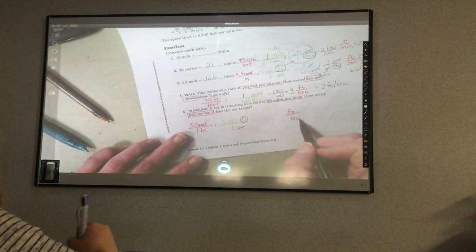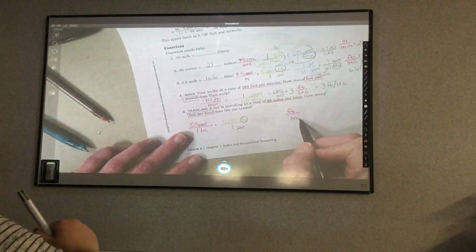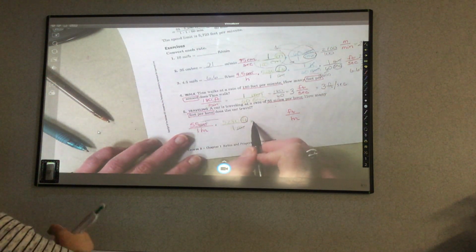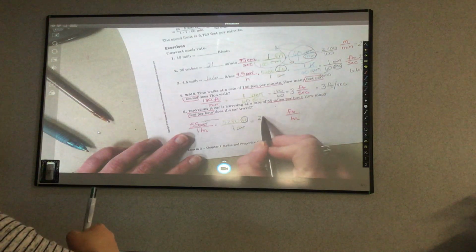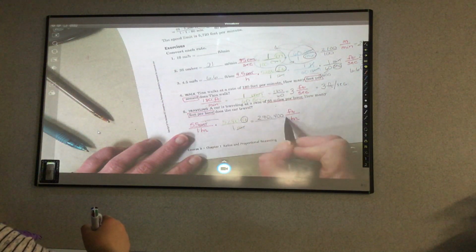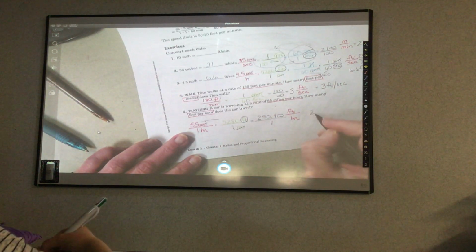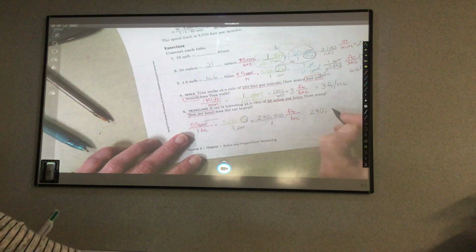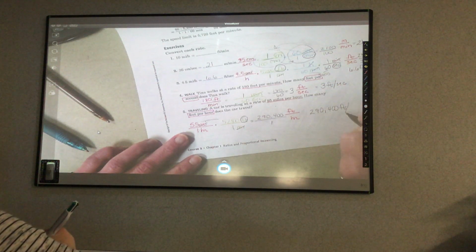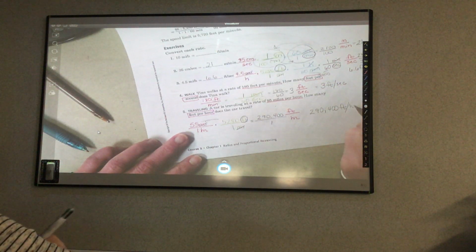What do I need to change it to? Nothing. So I just do 55 times 5,280, which is 290,400, and then 1 times 1 is 1. So your answer is 290,400 feet per hour.